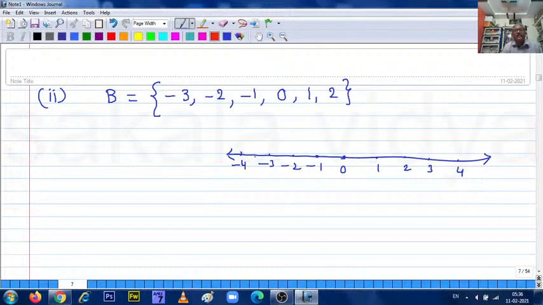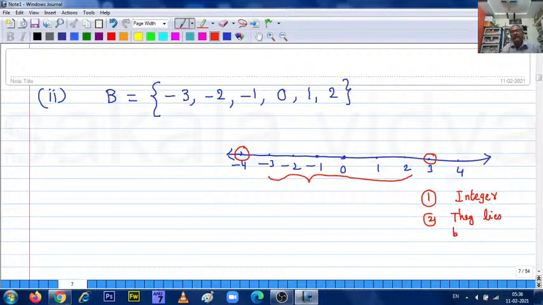The given elements lie between -4 and 3. So the first property is integer, but a condition is there: they lie between -4 and 3. So these two conditions we need to mention to write set builder form.